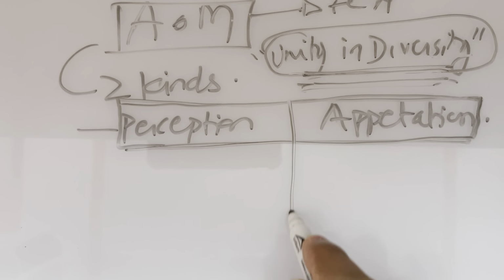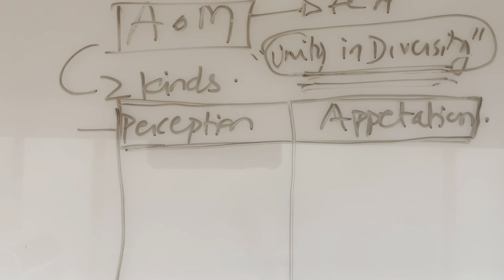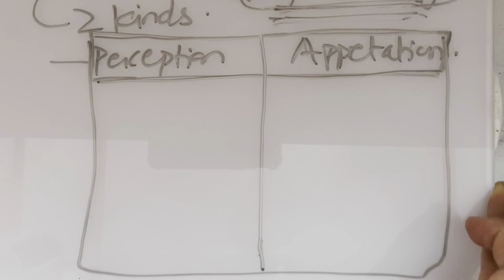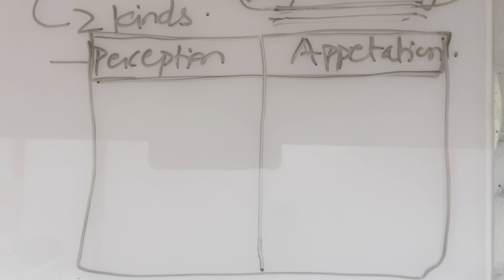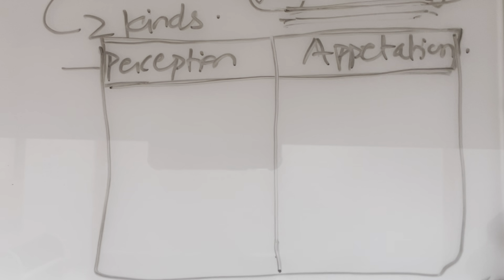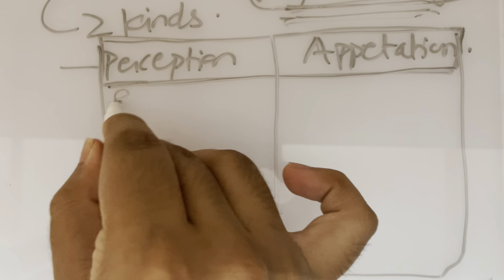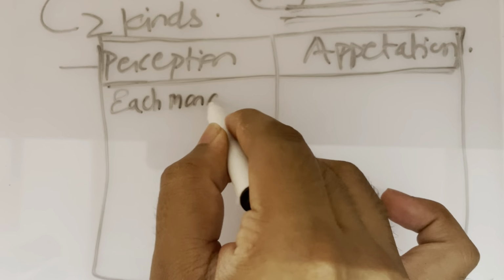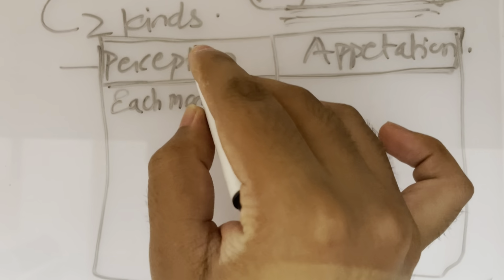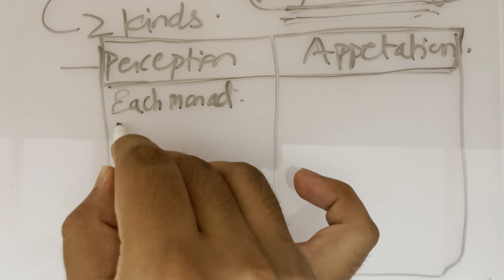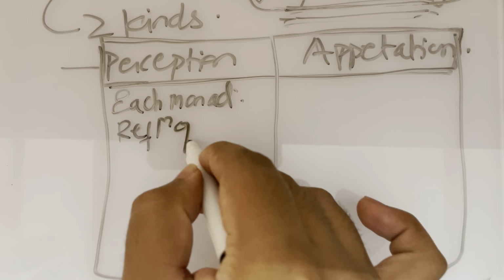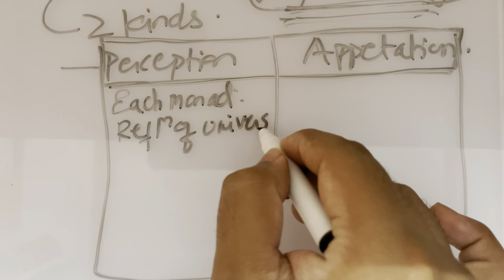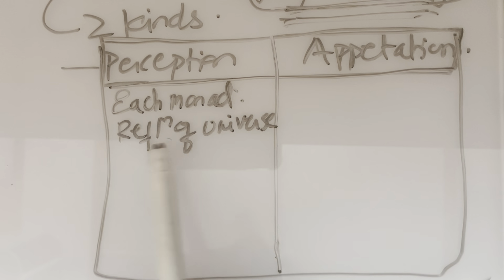For now, let's explore the two kinds of activities exhibited by our monads. The first one is perception. Leibniz propounds that each monad is a reflection of the universe, or contains the reflection of the universe in its entirety.